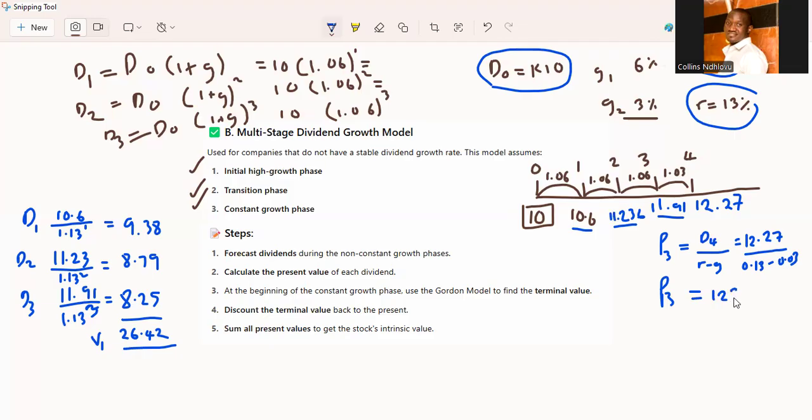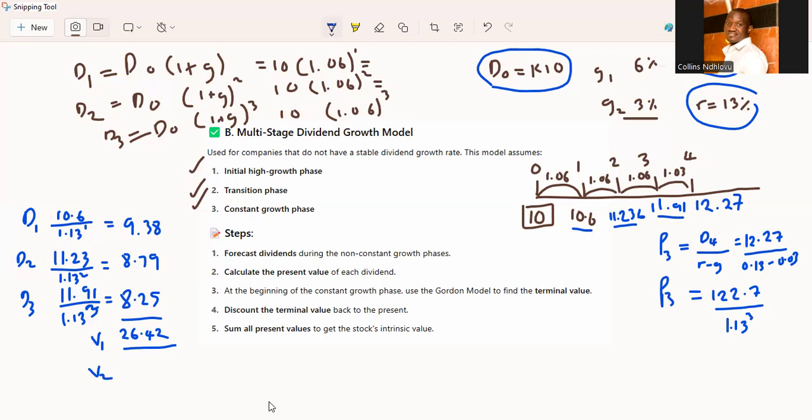Now this 122.7 is the value of stock as of the third year. So we need to discount this back to year 0 so that we find the value of stock in phase 2. We're going to simply divide by 1.13 to the power 3, because this is the value of stock as of year 3. So what is the value for phase 2? 122.7 divided by 1.13 to the power 3.